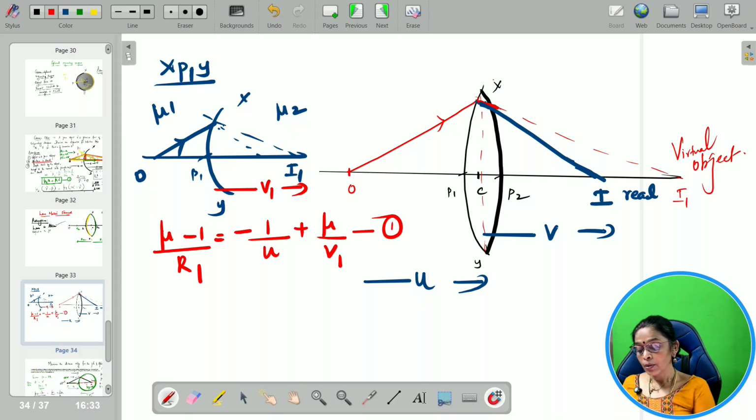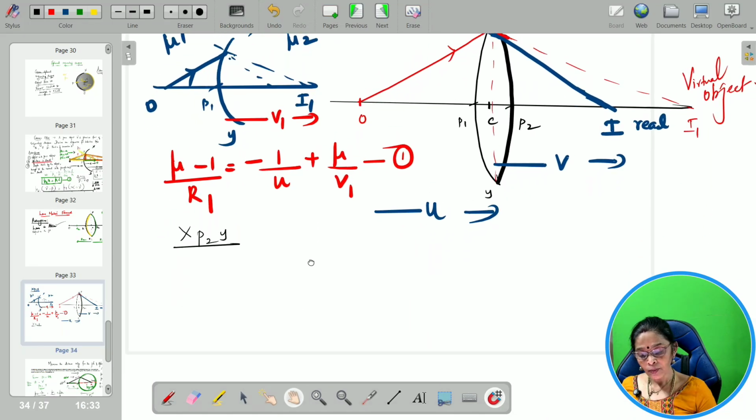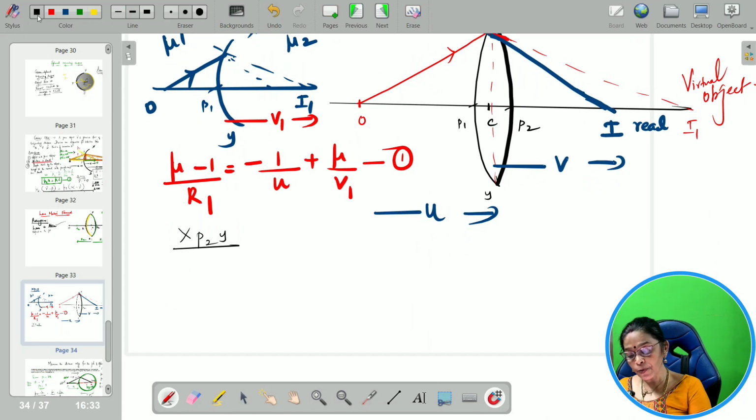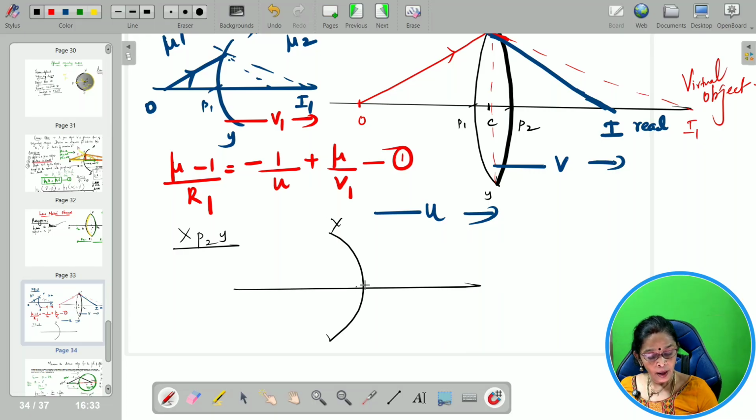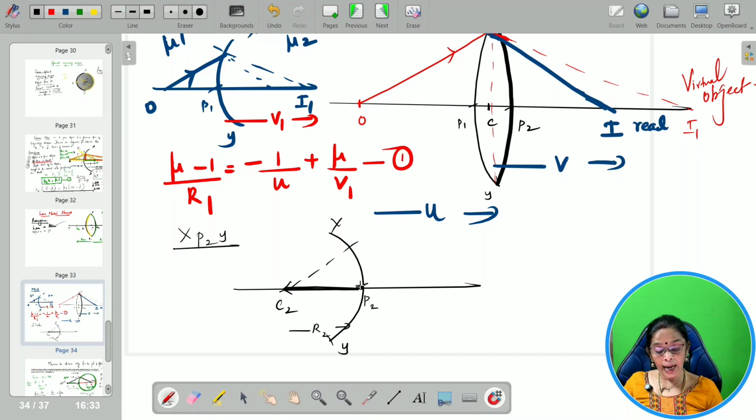That is equation number 1. Whereas for the XP2Y surface, how is the diagram going to be? This is the diagram, and C2 is the center of curvature. So this is R2. R2 is negative here because you are measuring it against the direction.